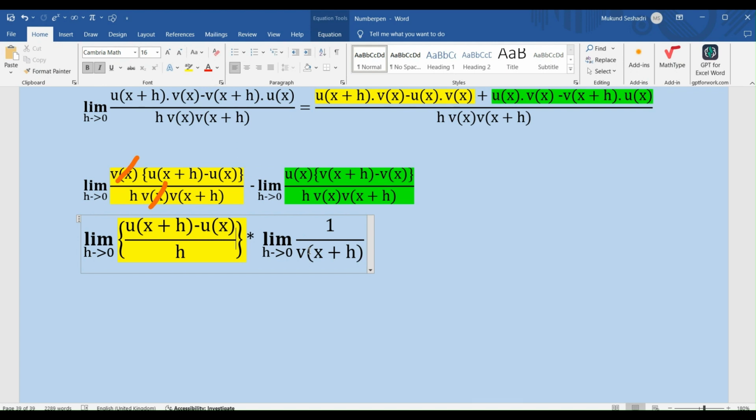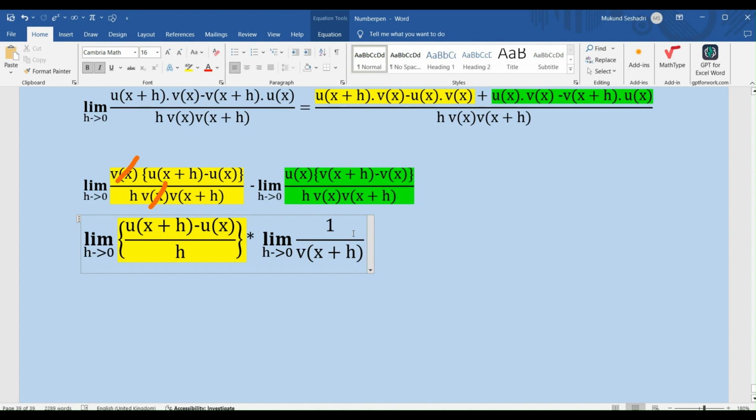Remember, folks, our assumption is u and v are differentiable functions, and therefore it also means that they are continuous. And we know that for continuous functions, limit h tending to 0, v of x plus h or u of x plus h equals v and u respectively.